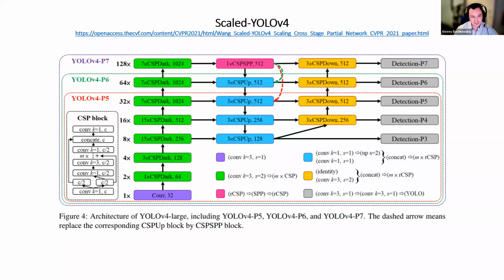We just take the layers between two downsampling layers and divide the number of channels by two. And then we add a residual connection, but not as usual. We use concatenation instead of adding, and we add an additional convolutional layer for this residual connection, and we call it CSP.